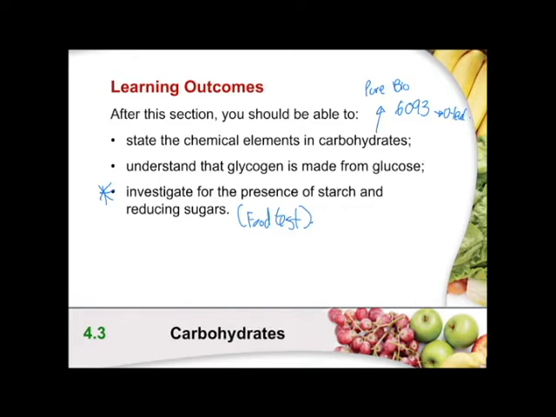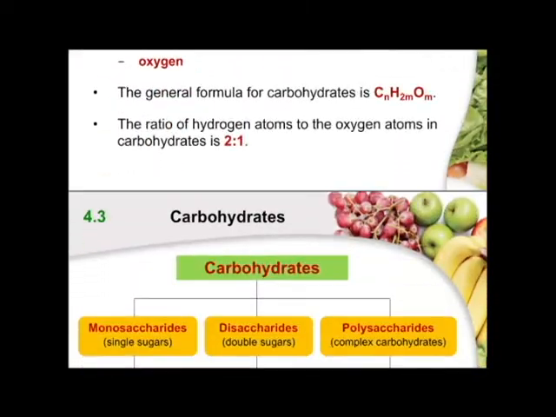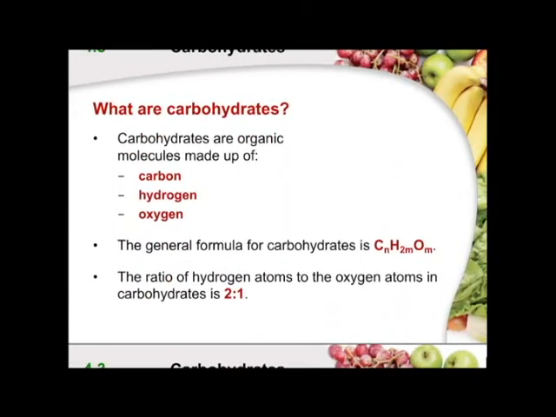For example, how to conduct a food test or the test for reducing sugar. These are steps that the exams may or may not give you, and most of the time they don't really give them to you because you are expected to know. Volume wise, you would also have to have a rough idea how much volume it is. For pure bio students, this is non-negotiable. You have to remember it.